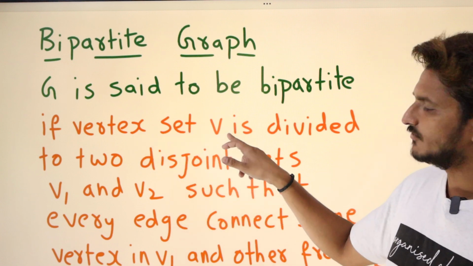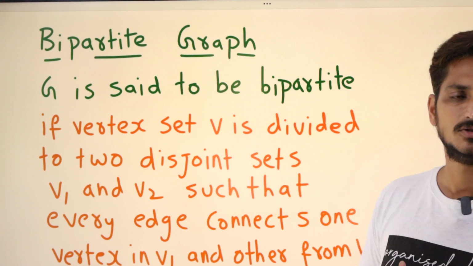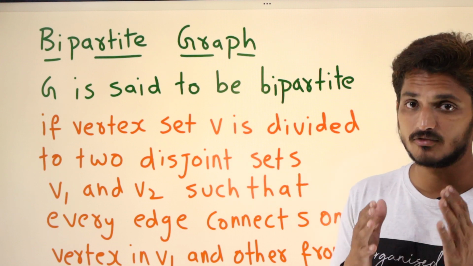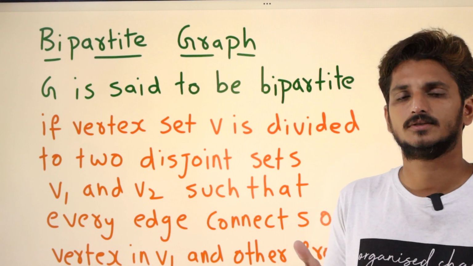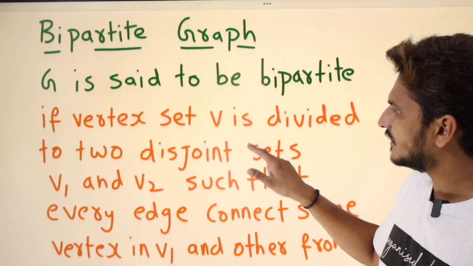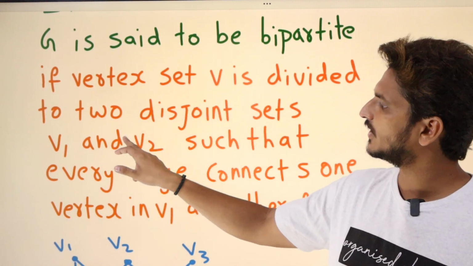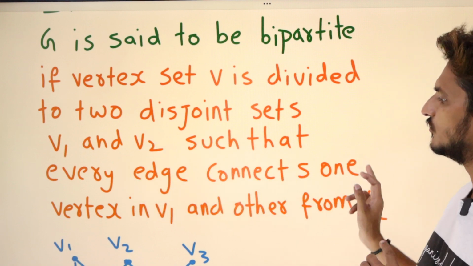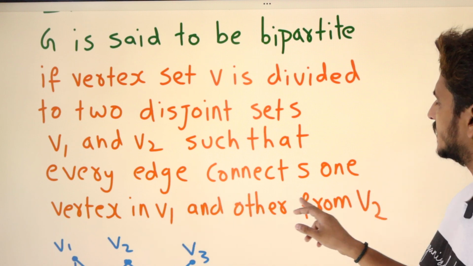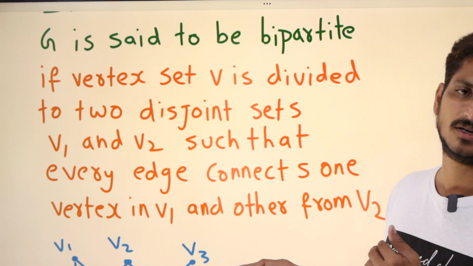If the vertex set V can be divided into two disjoint sets V1 and V2 such that every edge connects one vertex in V1 and another vertex from V2, if it follows this condition, then we say it is a bipartite graph.